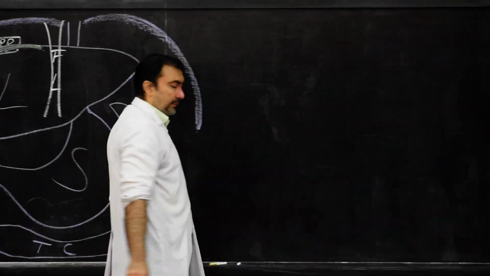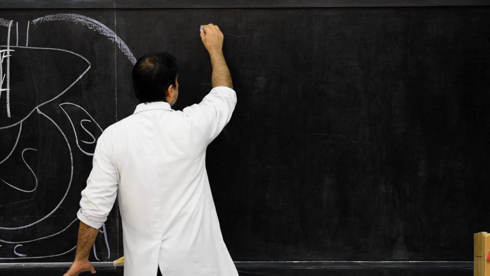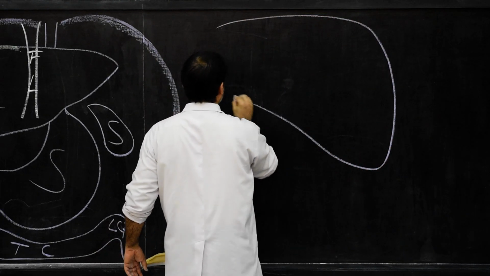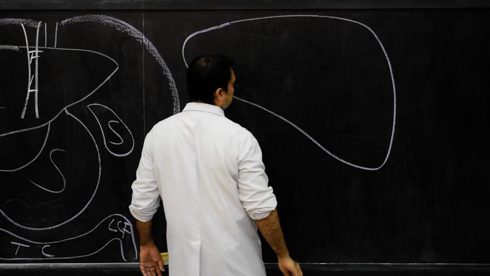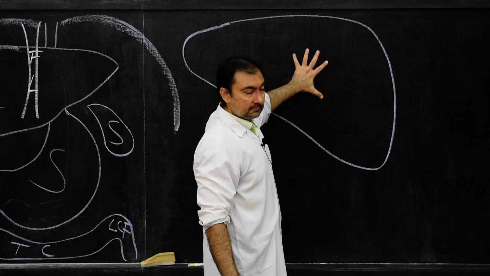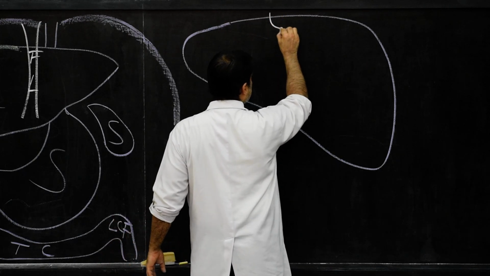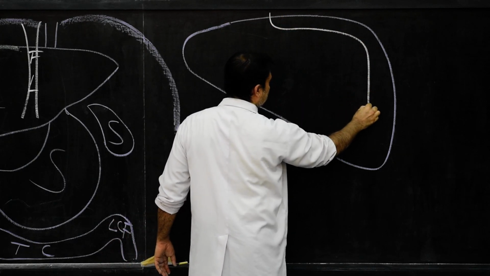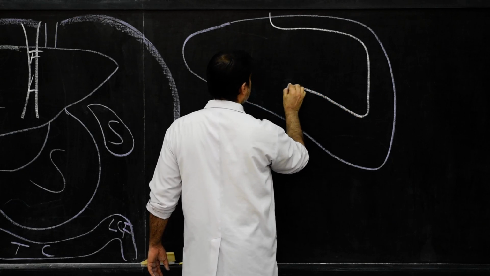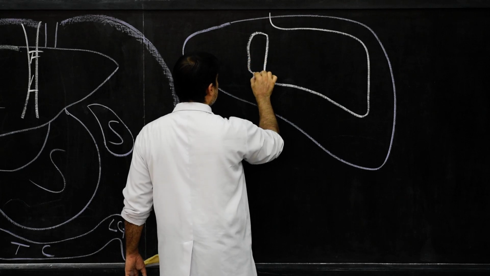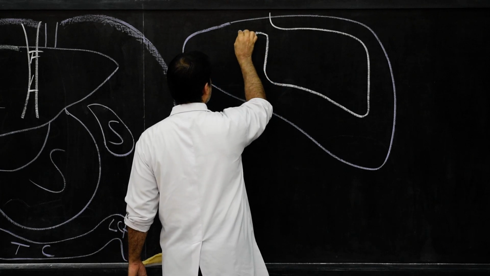Now here in this hepatorenal pouch of Morrison, here we shall draw this, the posterior inferior surface of the liver. Here we are going to show the superior layer of coronary ligament, the right triangular ligament, the inferior layer of coronary ligament, then it is reflected, the caudate lobe, and then the porta hepatis, ligamentum venosum.